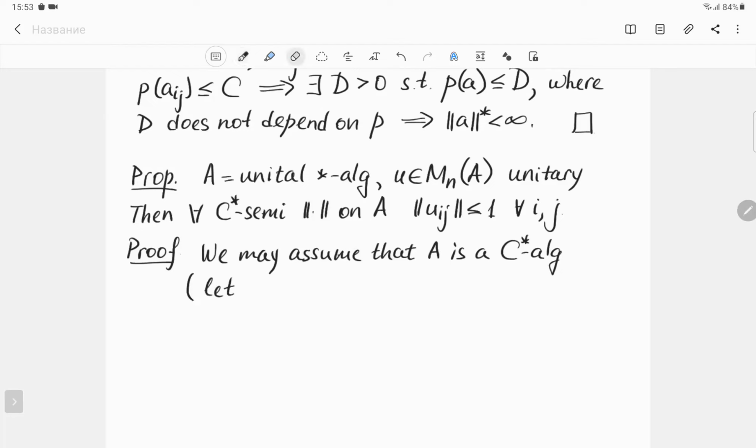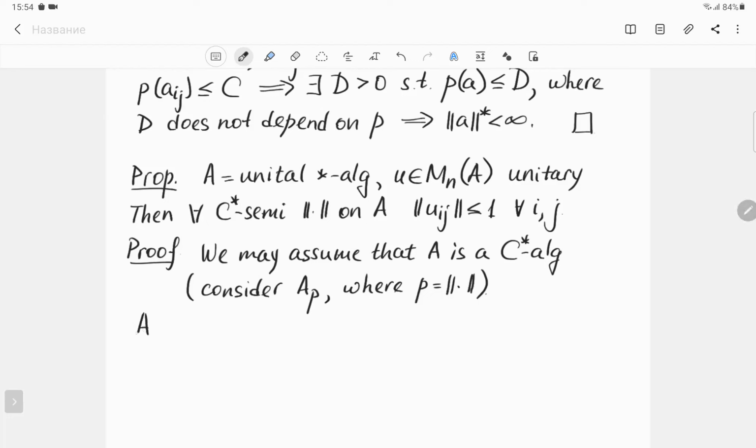Consider the C-star algebra A_P, where P is our seminorm. Since P of a is the same as the norm of the image of this element in A_P, we reduce everything to the algebra A_P.